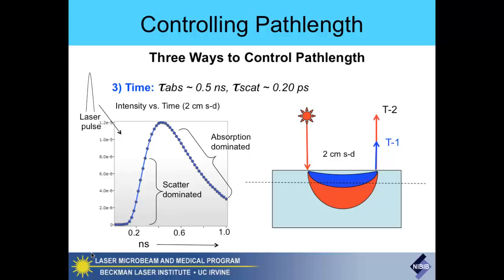This is kind of just a cartoon illustration where you can see that the early emerging photons are really penetrating more superficially, and the later ones are integrating over a deeper volume. But there is very, very real and quite dramatic temporal dispersion. And your ability to measure this really depends on the sensitivity of your detection system.